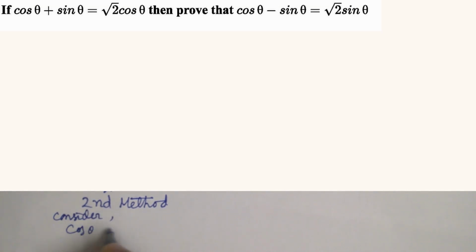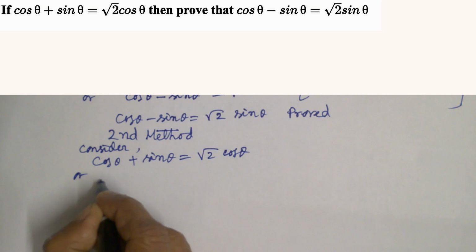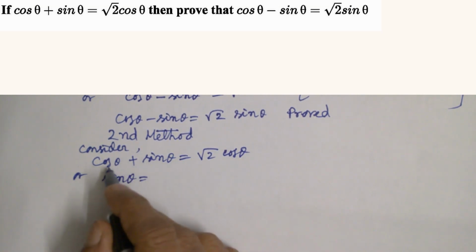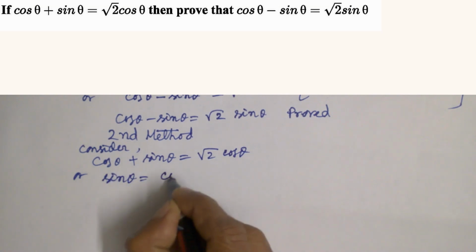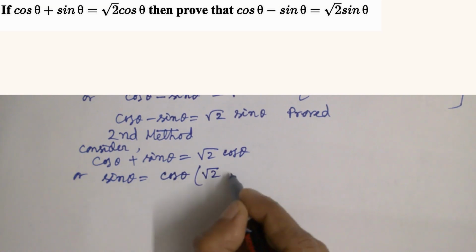From here I will find sin theta. Sin theta is equal to, transposing this cos theta to the right and taking common cos theta, what will be remaining? Root 2 minus 1.